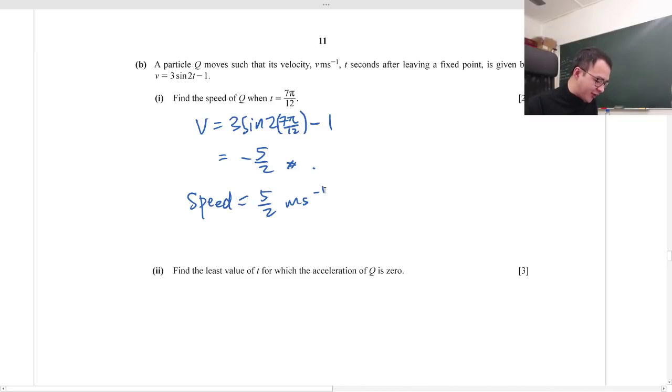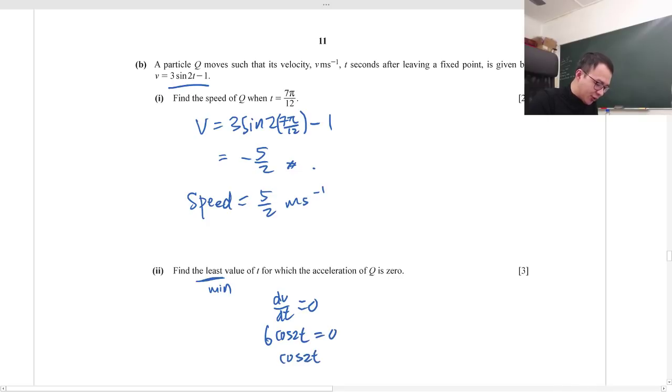Find the least value of t when the acceleration is 0. Least value means minimum value. For maximum or minimum, we basically need to differentiate. So dv/dt must equal 0, and then we want to find t. I differentiate that, and this equation gives me 6 cos 2t equals 0.